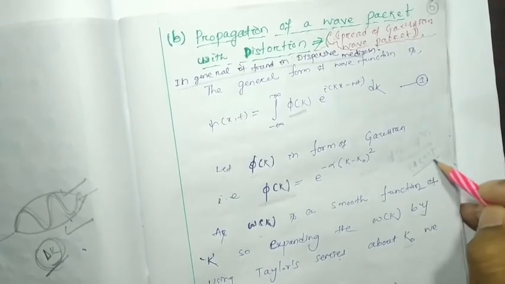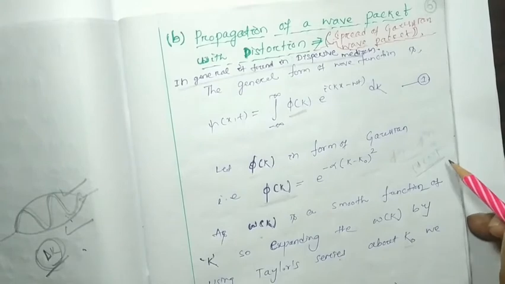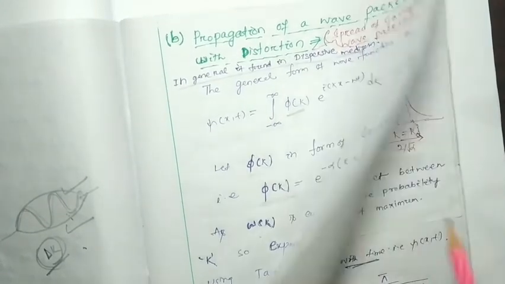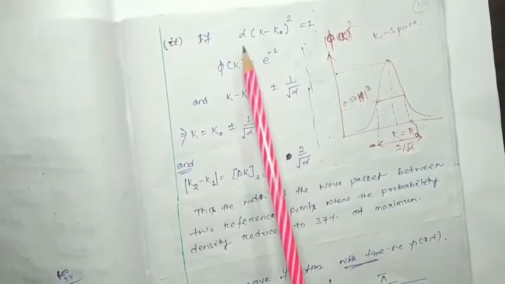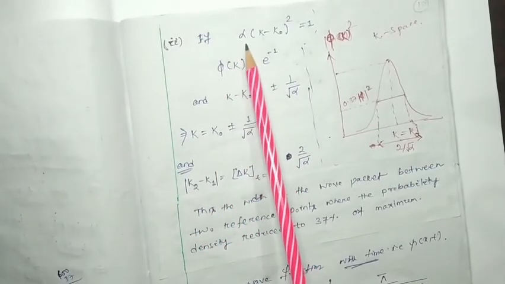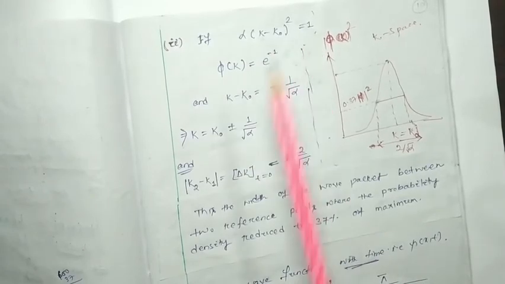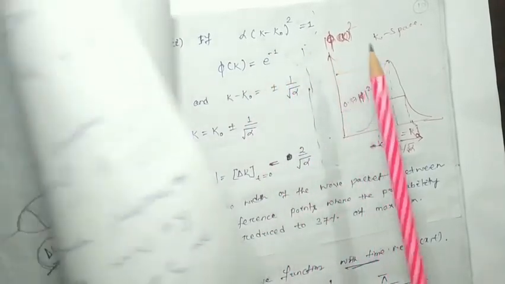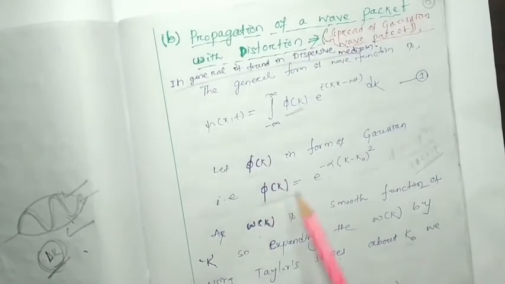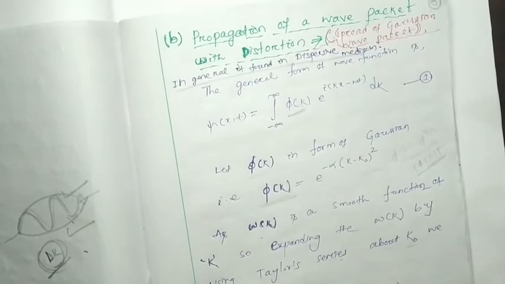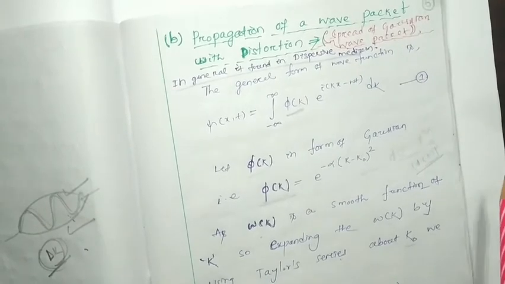This will be also called as probability density in k space. So if we put alpha into (k minus k0) square equal to 1, then phi k will be equal to e to the power minus 1.